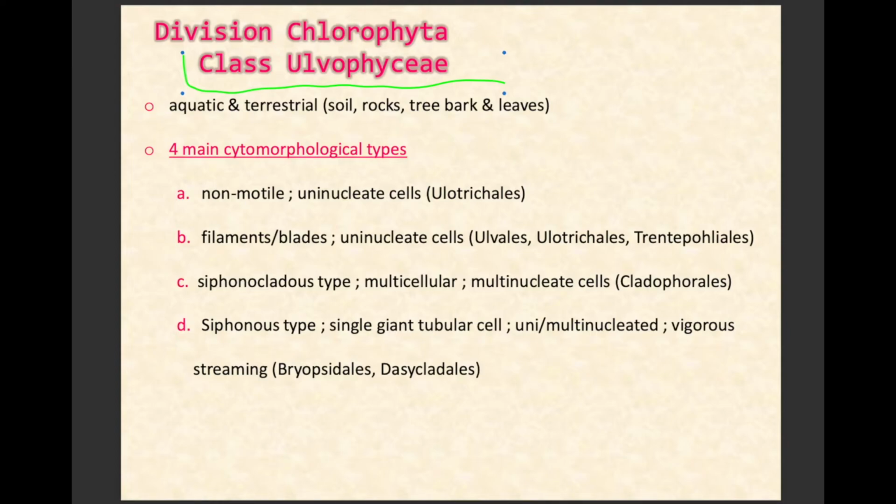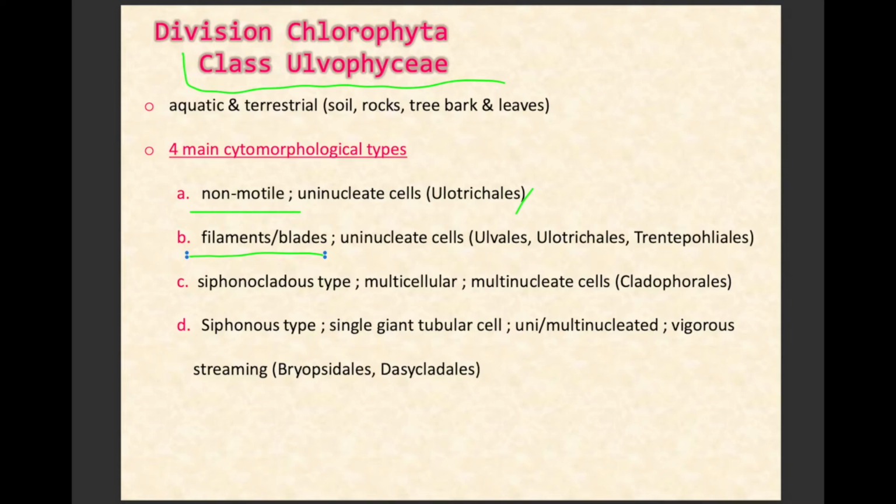Meron tayong mga motile, non-motile unicellular types belonging to your Ulotrichales. We have your, right here, your filamentous or with the blade type of cytomorphology. These are uninucleated cells still.